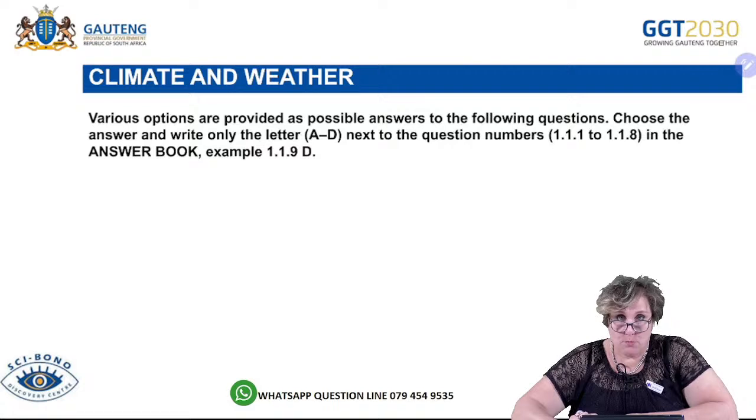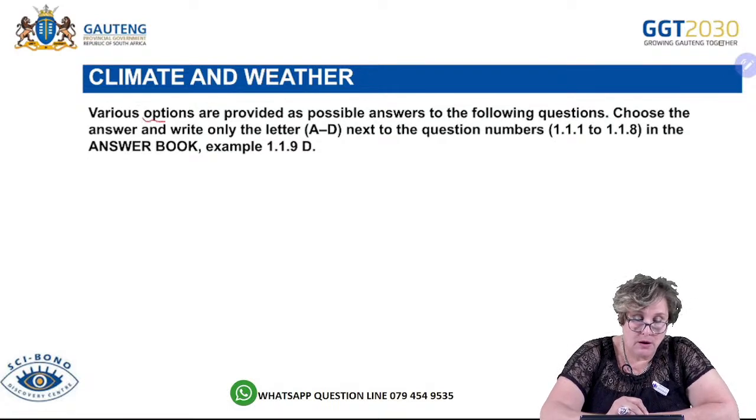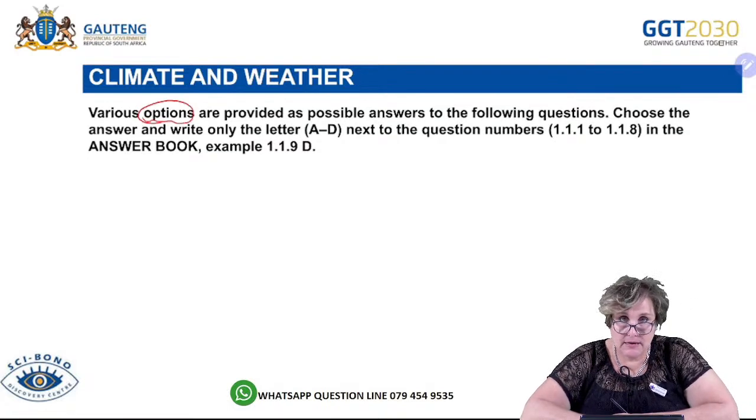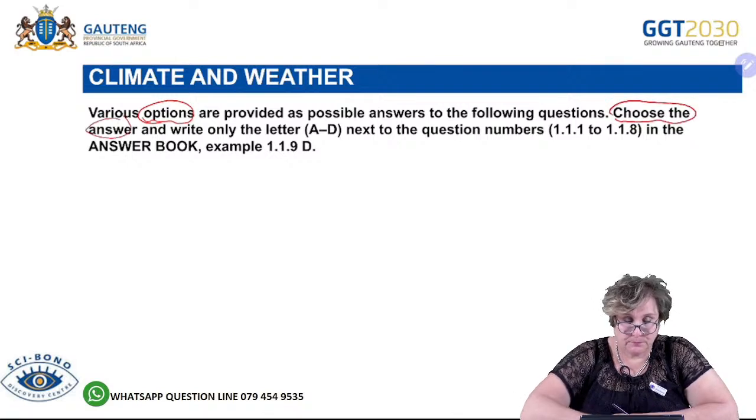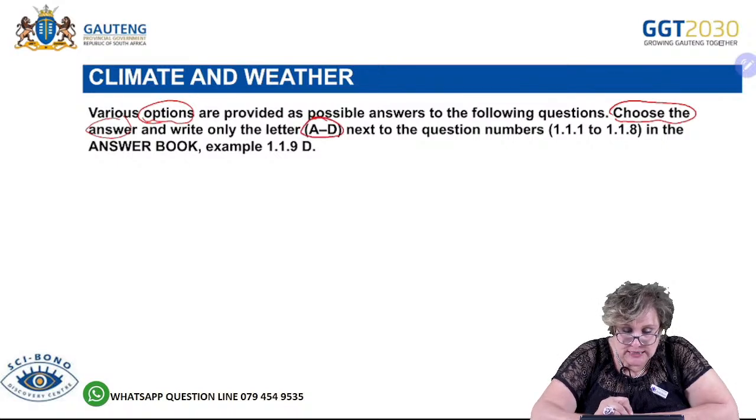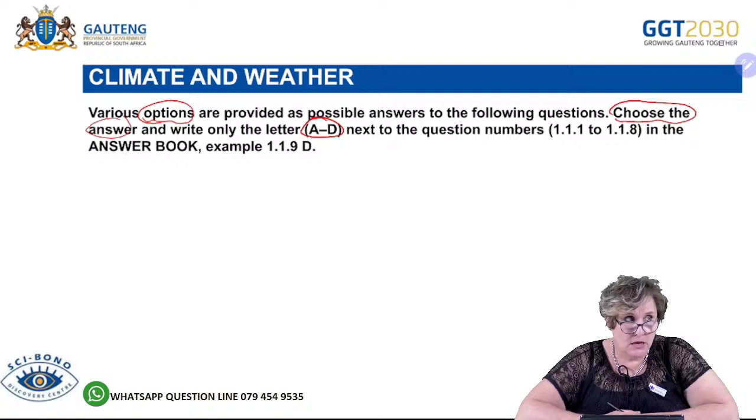Various options are provided as possible answers to the following questions. So, we're giving you options. The examiners are giving you options for a specific question. You have to choose the answer and only write the letter A to D next to the question number. So you have question 1.1.1 up to 1.1.8.